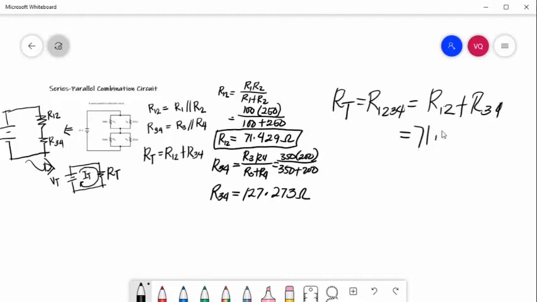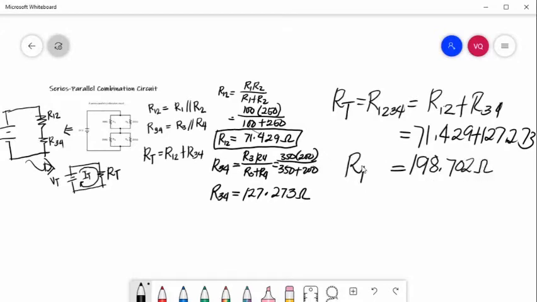So 71.429 plus 127.273 is 198.702 ohms. So this is your total resistance. So the equivalent circuit of this combination is this one.